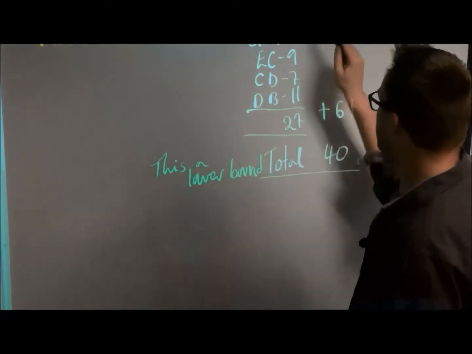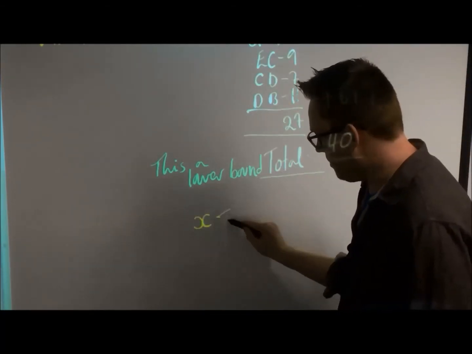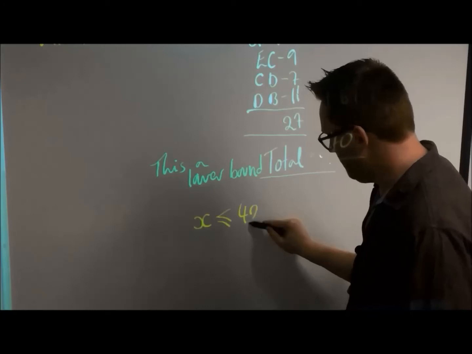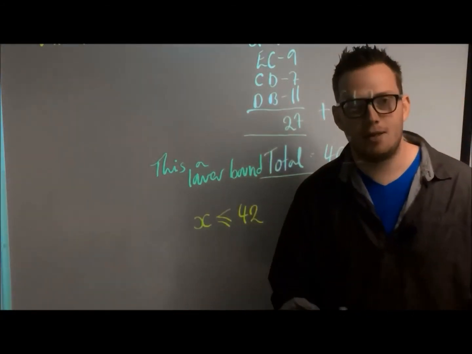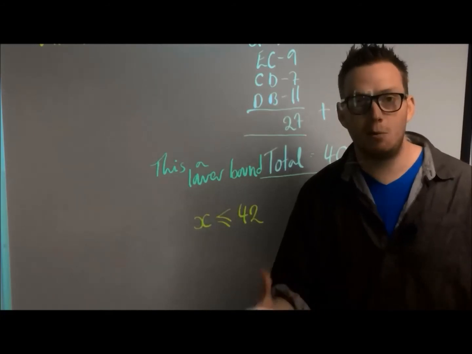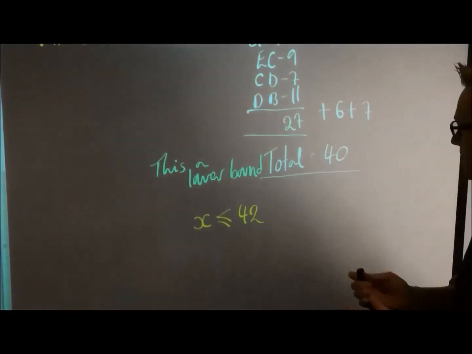So I now know that my best possible route, well, we know it was less than or equal to 42, okay? And we know that because we did a route and it was 42, so the best route has got to be 42 or less. So now that's true.